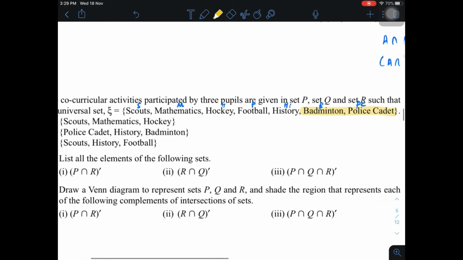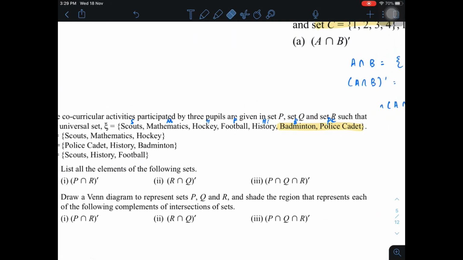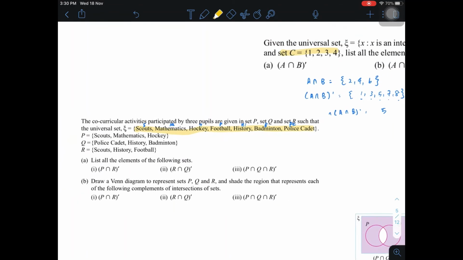So what happens now? What is the complements of P, Q, and R? Of course, that would be the whole entire set. So the complements of intersect P, Q, and R would be Scouts, Mathematics, Hockey, Football, History, Badminton, and Police Cadet. And there you go.